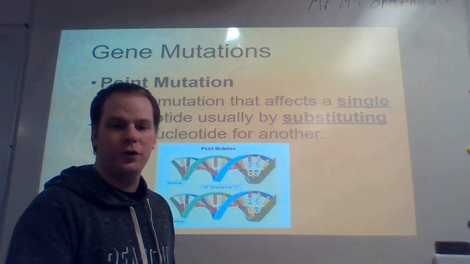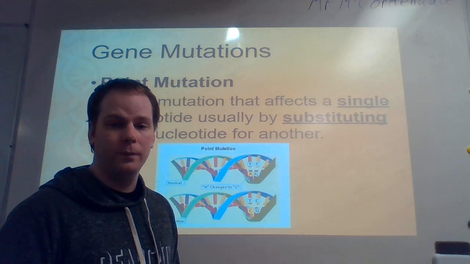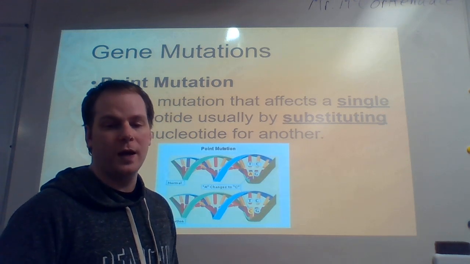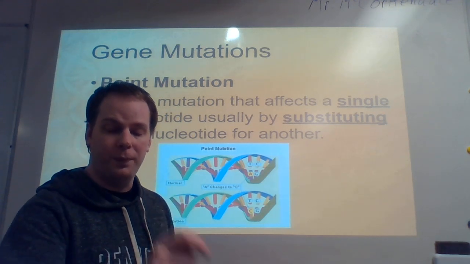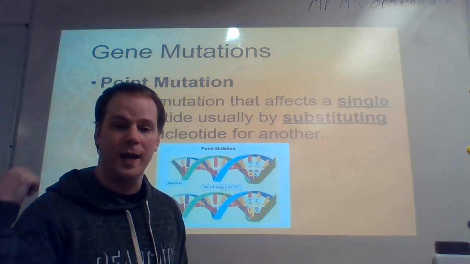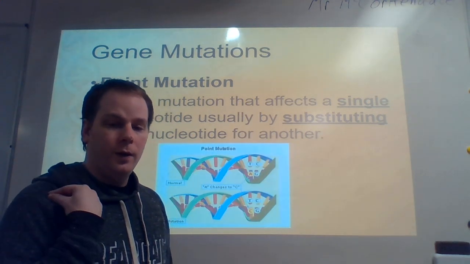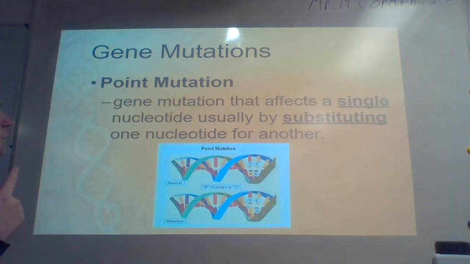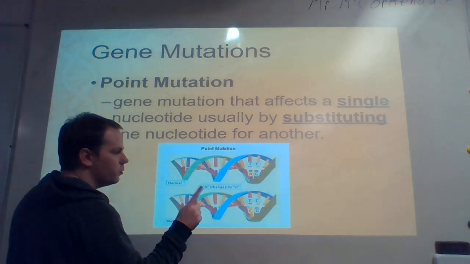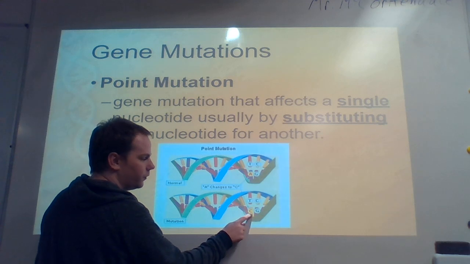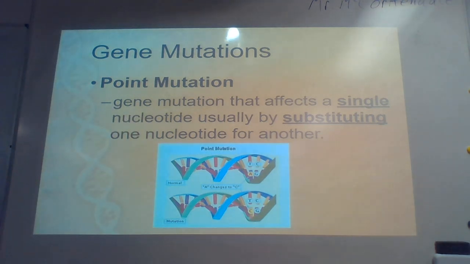Okay? Deletion, you're missing a piece of your puzzle. In point mutation, one piece of your puzzle has been taken away and replaced with a piece from a different puzzle. Okay? So one nucleotide has been exchanged for a different base.